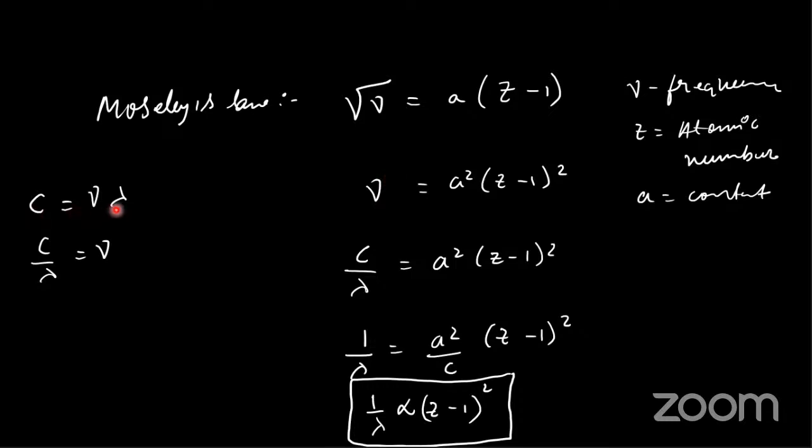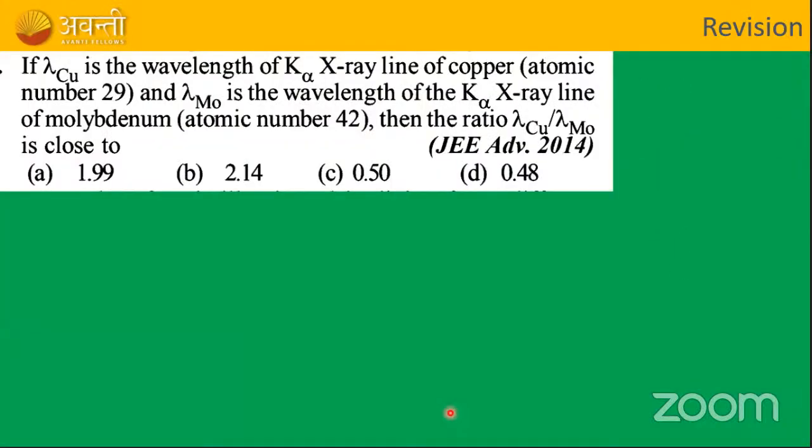So I can find that C by lambda is equal to nu, which is equal to a squared into (Z minus 1) whole squared. Bring C to the denominator: 1 by lambda is equal to a squared by C into (Z minus 1) whole squared. a and C are constants, C is the speed of light. So I can remove both of them and say 1 by lambda is proportional to (Z minus 1) whole squared.